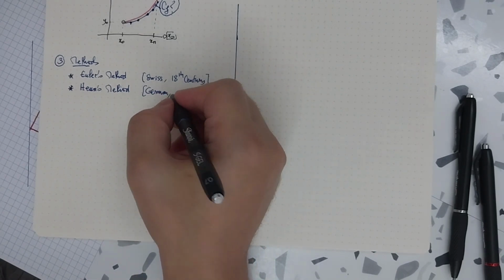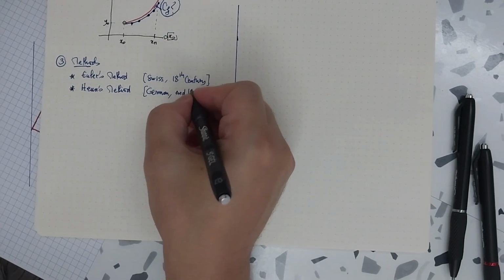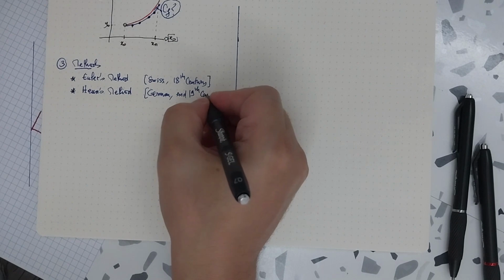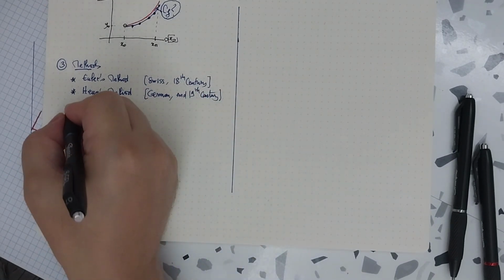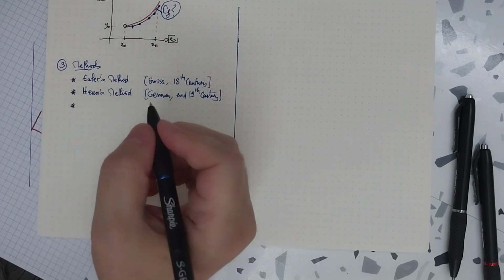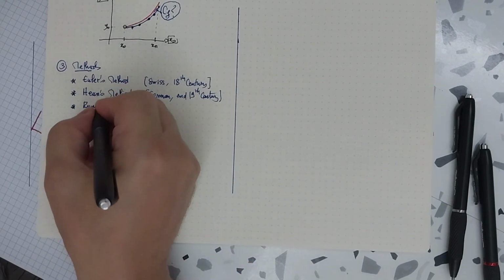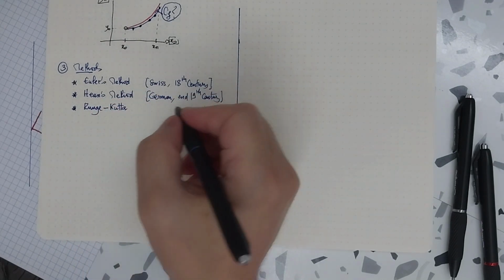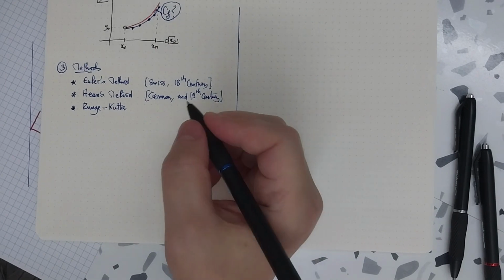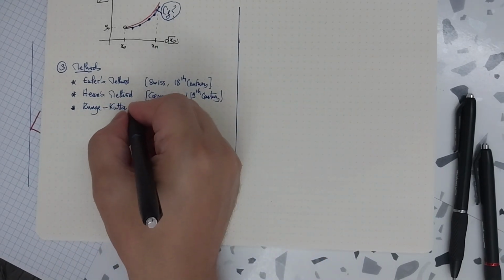I think he published this method in the end of the 19th century. And finally, two mathematicians, Runge and Kutta. Runge-Kutta method. Runge and Kutta propose several techniques in different orders. We will focus on Runge-Kutta, the fourth order.